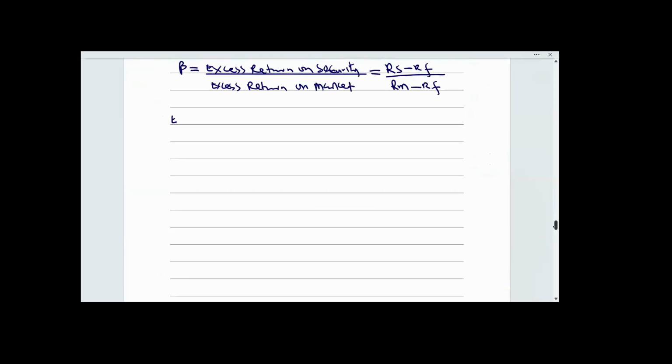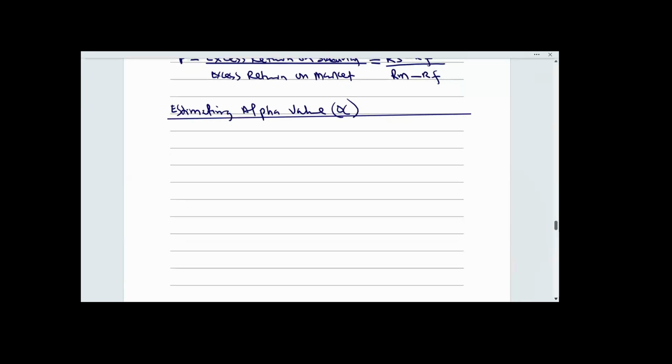So let's talk about estimating the alpha value. What do you mean by alpha? It's not in your notes, so let me put it down for you.